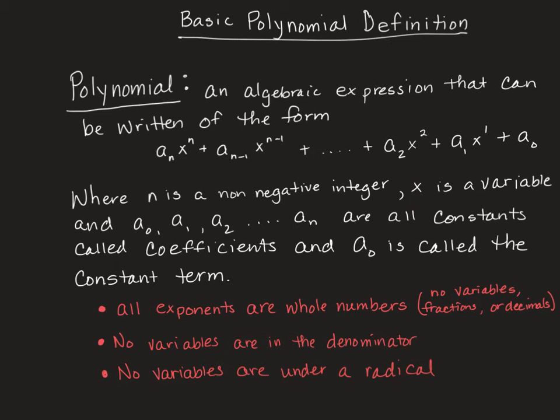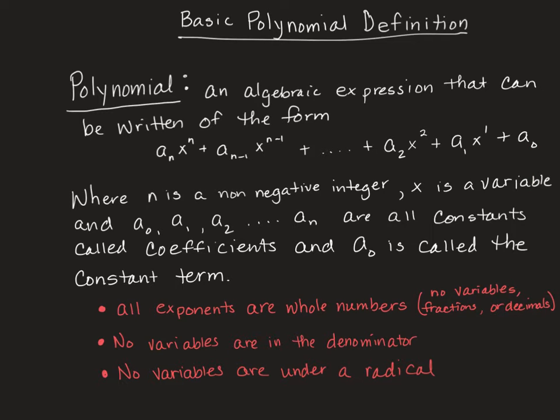Not odd as in odd number, but just off, not normal. X is a variable, and a sub 0, a sub 1, a sub 2, and all of those in front are called constants. They're going to be a number of some type. They're called the coefficients, and your a sub 0 is called your constant term.